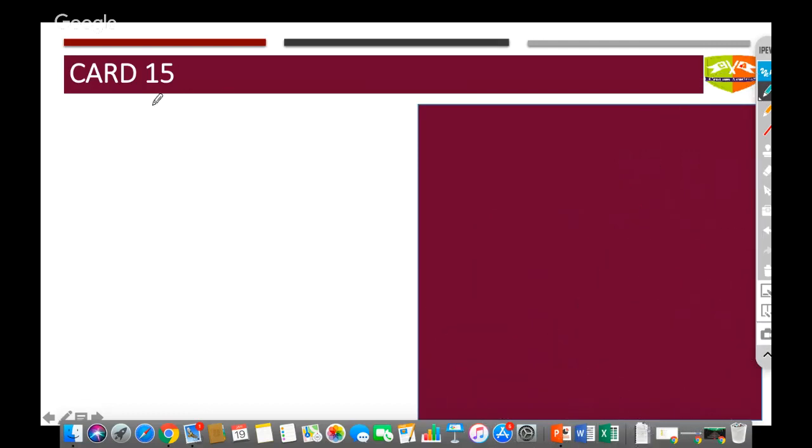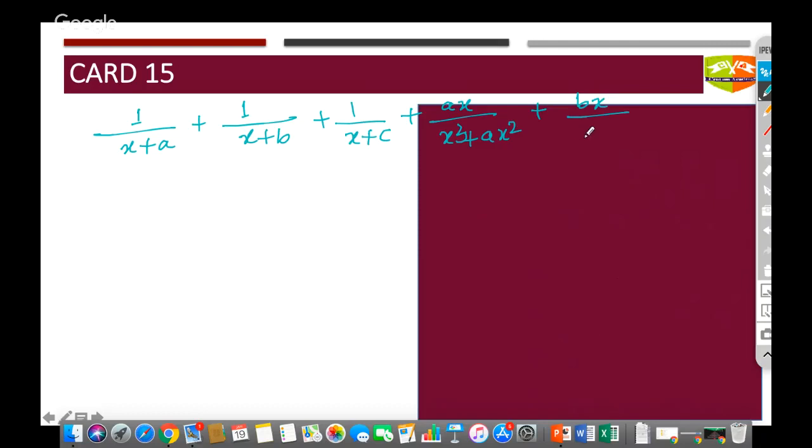So I take another question, which is 1 divided by x plus a, plus 1 divided by x plus b, plus 1 divided by x plus c, plus ax divided by x cube plus ax square, plus bx divided by x cube plus bx square, plus cx divided by x cube plus cx square.